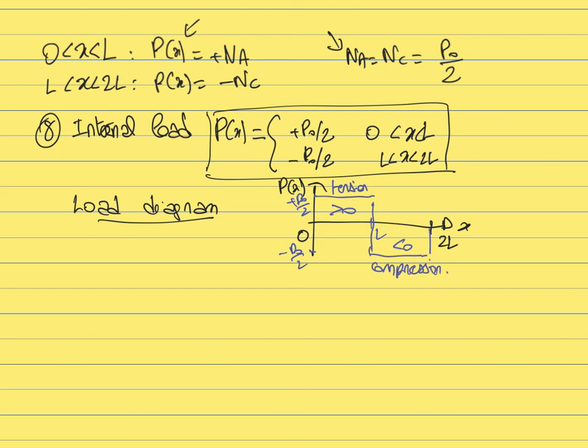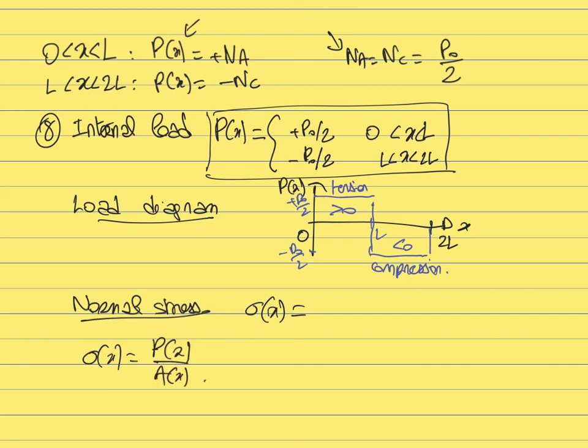So now, based on this, you can also calculate the normal stress, which is going to be the end of this problem. In this case, this is what we wanted to begin with. So you can calculate the normal stress. The normal stress is always, the expression is always the load divided by the area of the cross-section. This expression always works. In this case, the area of the cross-section is constant.